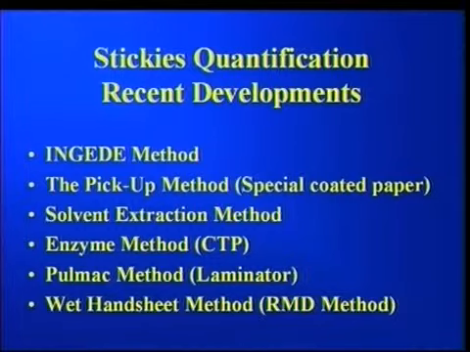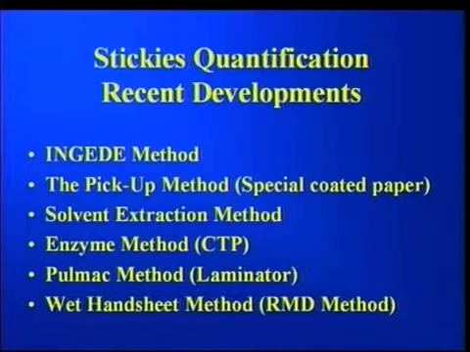The Pullmac laminator method involves collecting the stickies on a filter paper and putting an overhead transparency plastic film over this filter paper and passing it through a laminator, so that stickies under pressure and temperature will transfer from the filter paper onto the transparency film, and you can count the area and the number of stickies by image analysis.